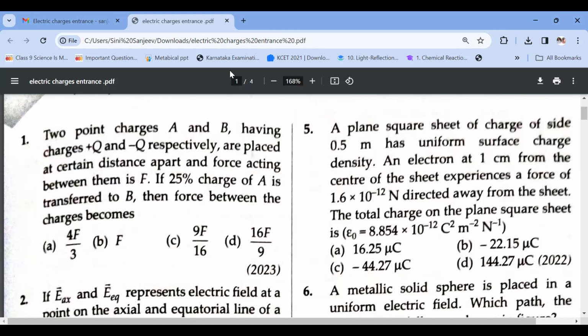Okay, so there's a chat option. If you know the answer, please let me know. If you don't know, please let me know in the chat option. I'll help you out immediately.